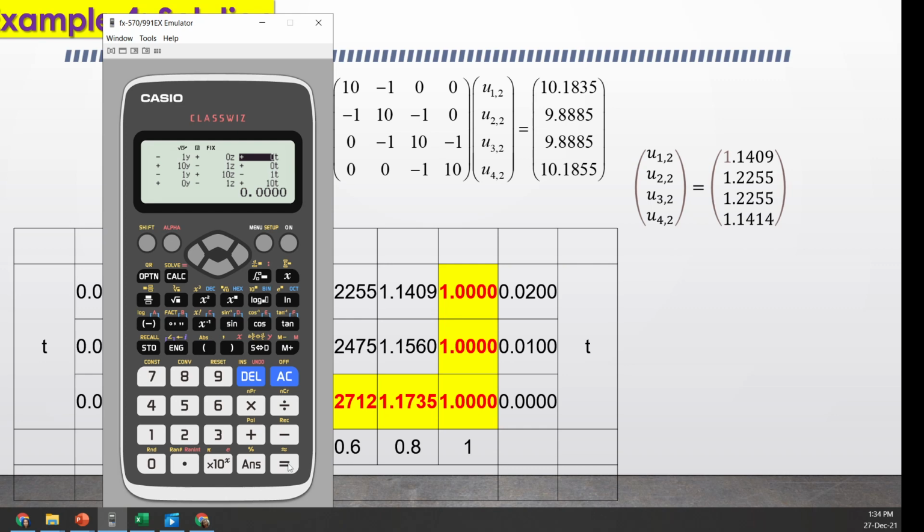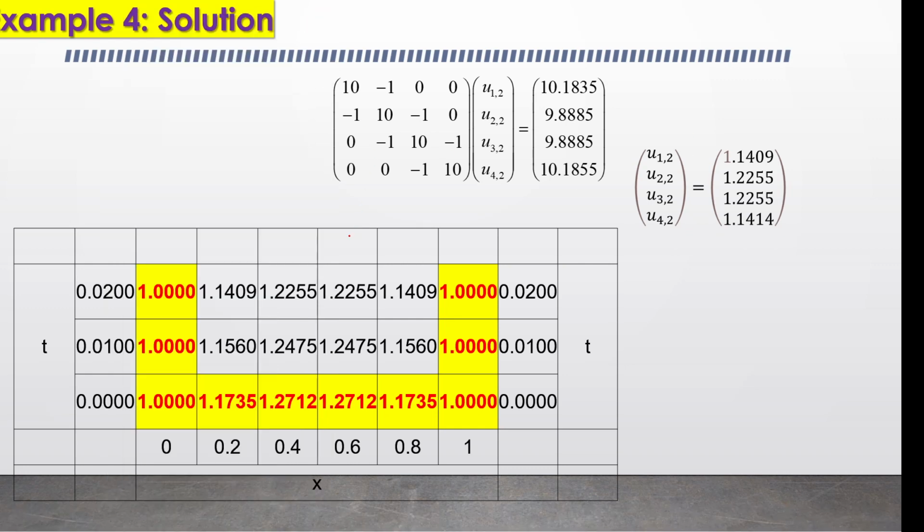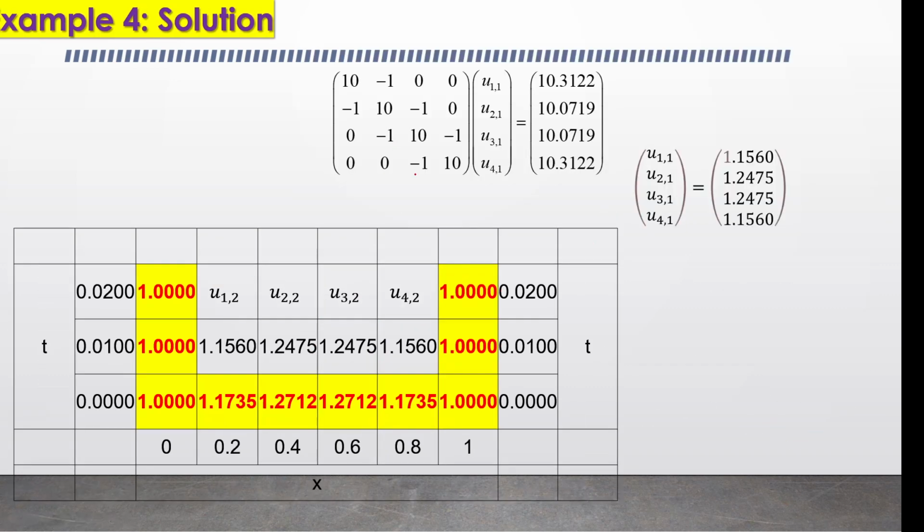Okay, it is correct, press equal. So X is actually U12, Y is actually U22, Z is actually U32, 1.2255, T is actually U42. So you see, for level 1 and level 2, A is the same, only the vector B changes.